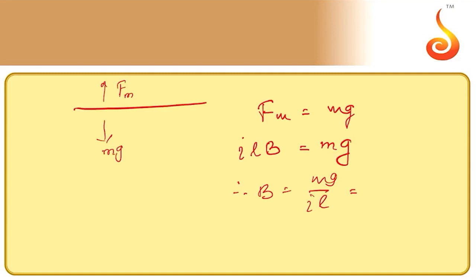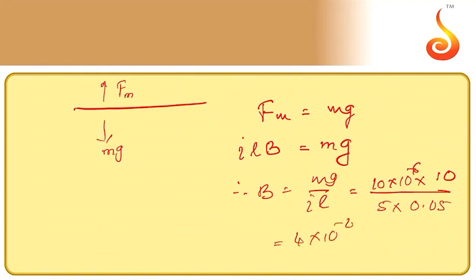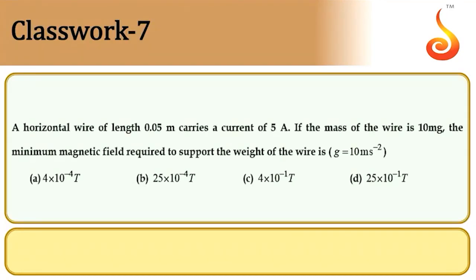What are the values? 10 milligram into 10 whole divided by current is 5 ampere and the length is 0.05, and that gives us 4 into 10 to the power of minus 4 Tesla. So the minimum magnetic field required to balance it is 4 into 10 to the power of minus 4 Tesla. Is the correct choice.